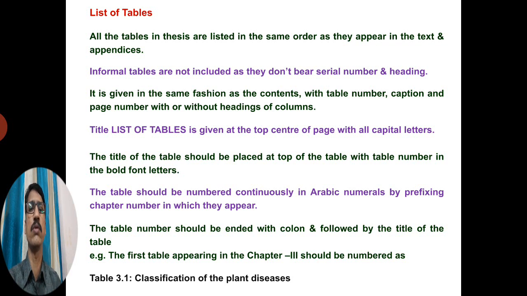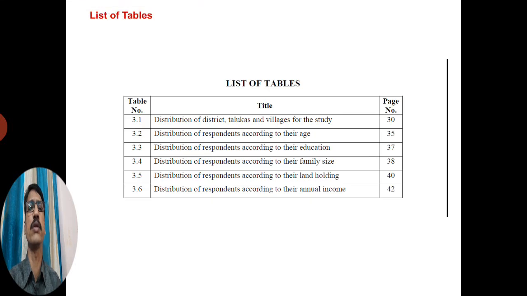You give the title of the table in the third chapter in this way. Then how do you write this page? Write down the list or title of the tables: the page is the list of tables, then table number, then title, and then page number.